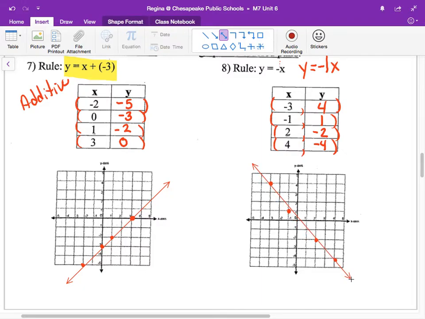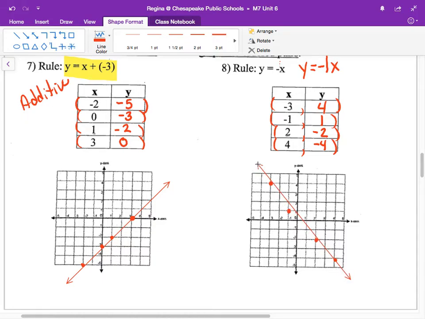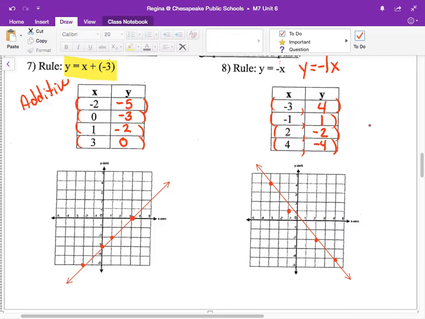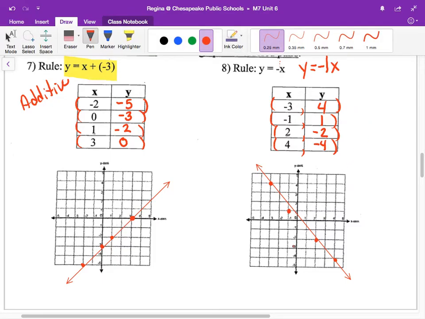All right, so it looks like, oh, let me adjust it. It looks like one of mine is not on there. Okay, so I have an issue. What is the problem here? Something is off with mine because this one right here is not on the line. So let me double check my math.